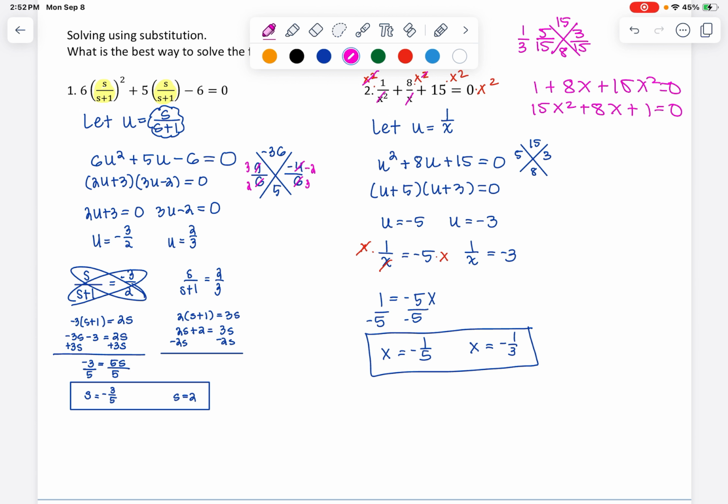So 5 goes in there once, 5 goes in there 3 times, 3 goes in there once, 3 goes in there 5 times. So that's 3x plus 1 times 5x plus 1. Set each factor equal to 0 and solve, and you get negative 1/3 and negative 1/5. So whatever floats your boat with that. Okay. All right. Hope that helps, and let me know if you have questions.